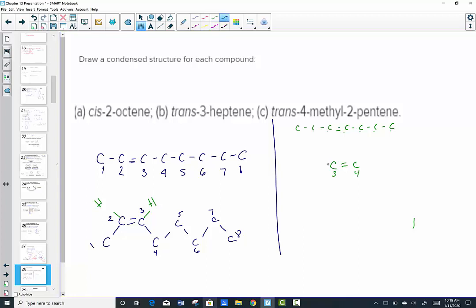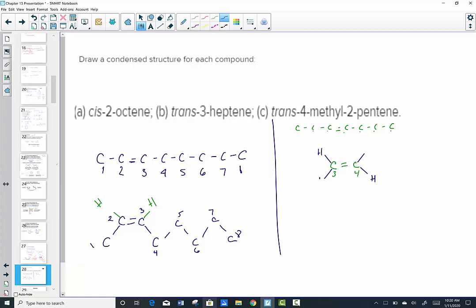That's the trigonal planar molecular geometry of a double bond. To make them trans, I'm going to put a hydrogen on opposite sides to help me remember that the carbons have to be on opposite sides. So here's carbon 2 and 1. 1, 2, 3, 4, and I need a total of 7.